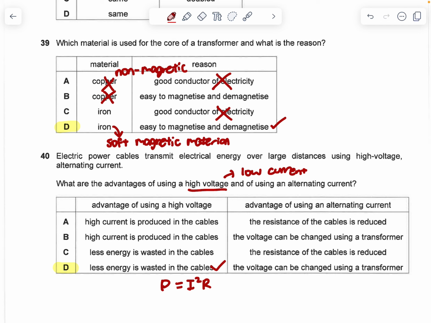And the advantage of using alternating current is that the voltage can be changed using a transformer. You can either step up the voltage or step down the voltage using a transformer. And that's the end of this paper.